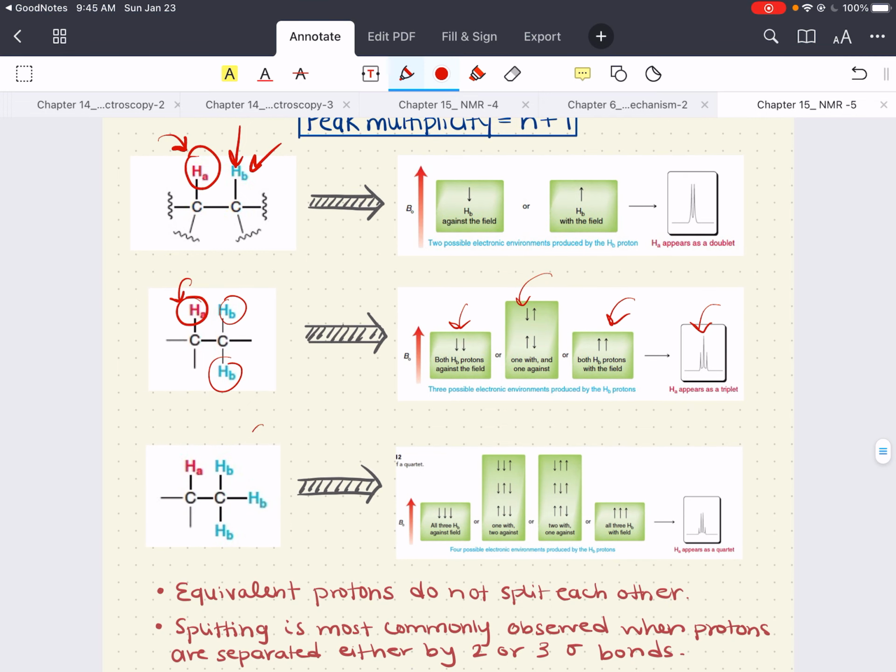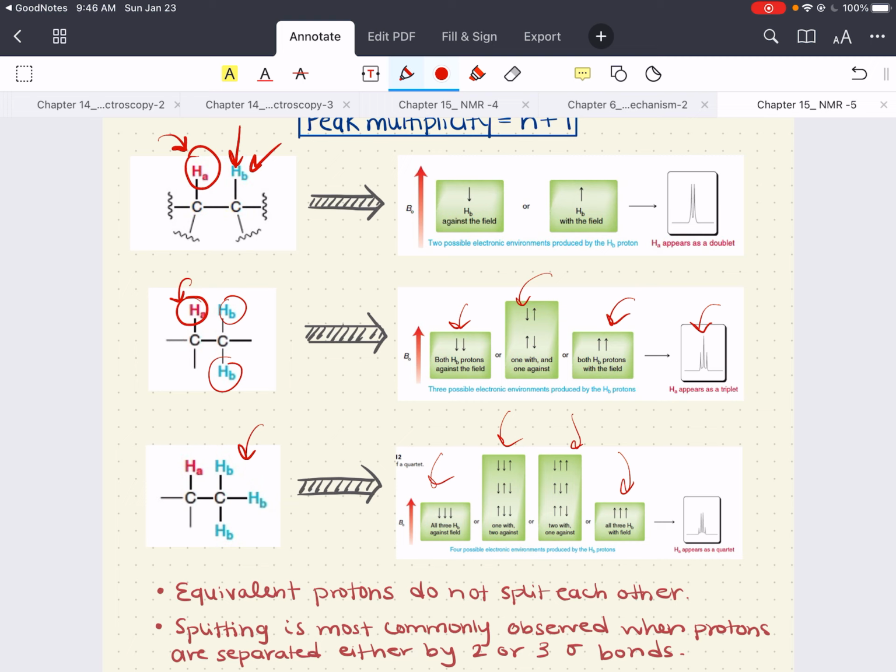And same goes when there's 3 HBs that are equivalent. They might all align with or against or mix and match. And so that means there are 4 different ways that HB might align with the magnetic field that then splits HA's signal into 4 peaks in its signal.